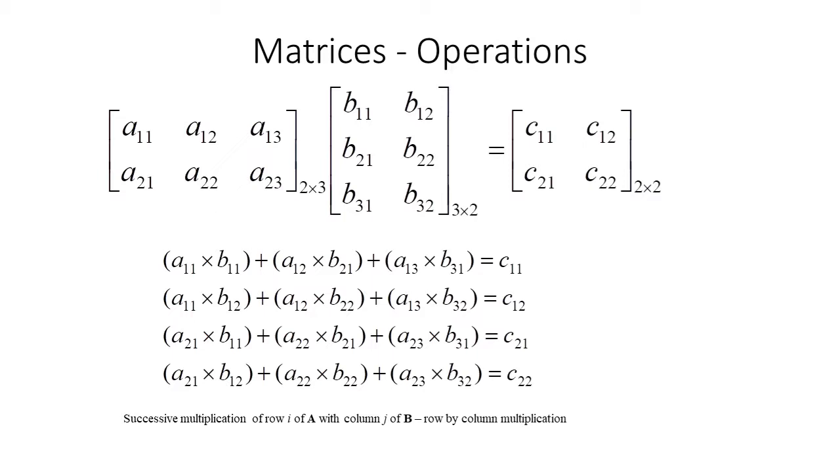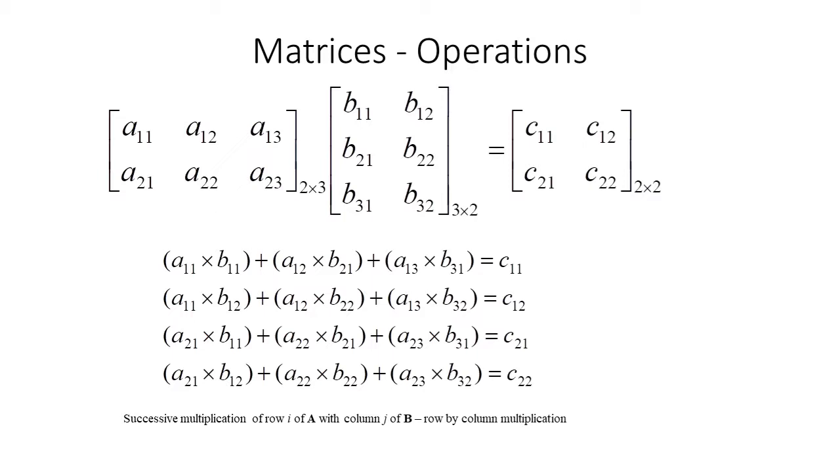Now to find C12, we have to multiply the first row with the second column: A11 with B12 plus A12 multiply B22 plus A13 multiply B32, that is equal to C12.